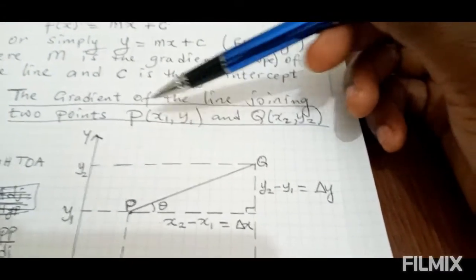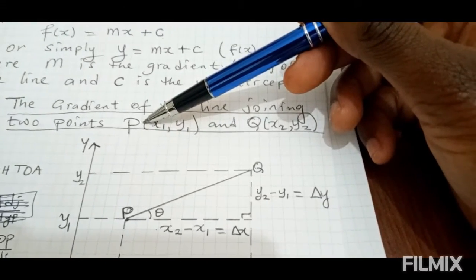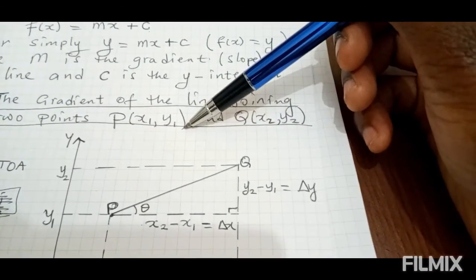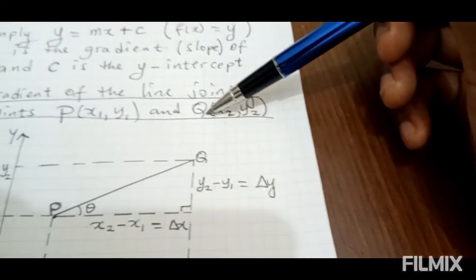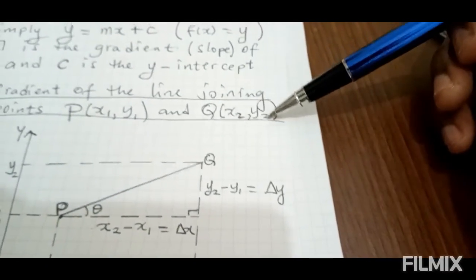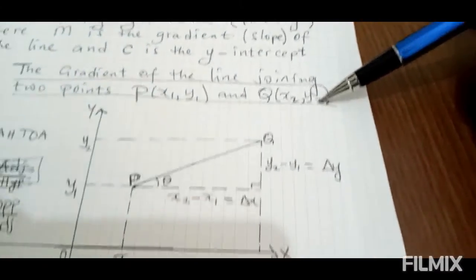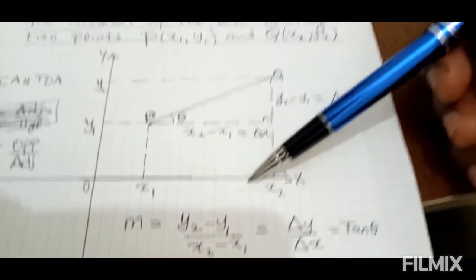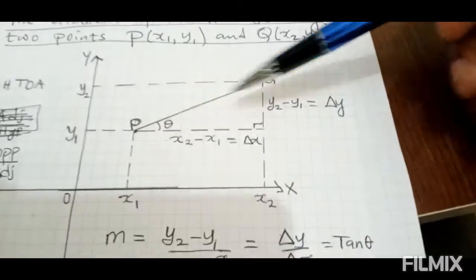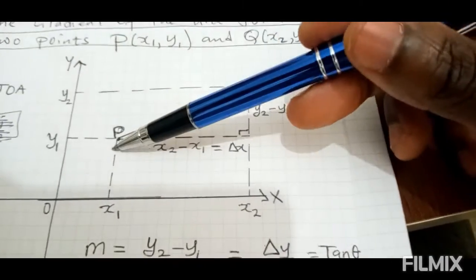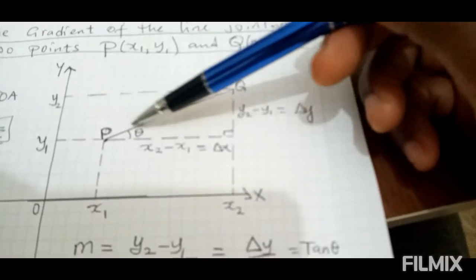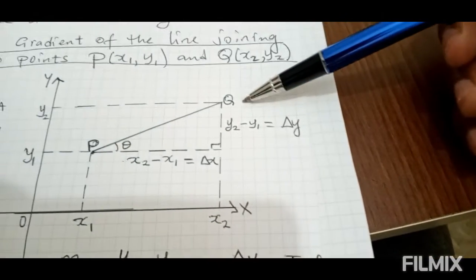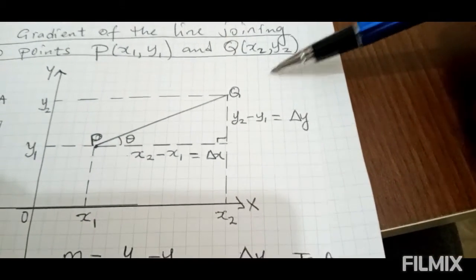Let's take, for instance, the point P, x comma y, which is x1 comma y1, and the second point Q, x2 comma y2. Now let's plot these 2 points on the Cartesian coordinate plane. We have P and Q. This is x1 comma y1, and here we have x2 comma y2.